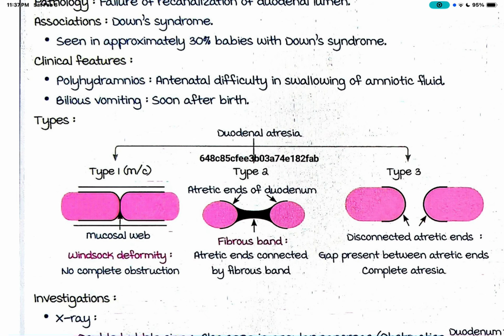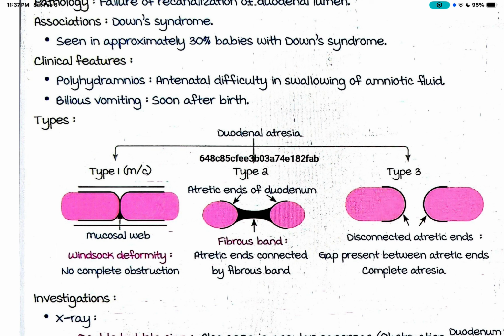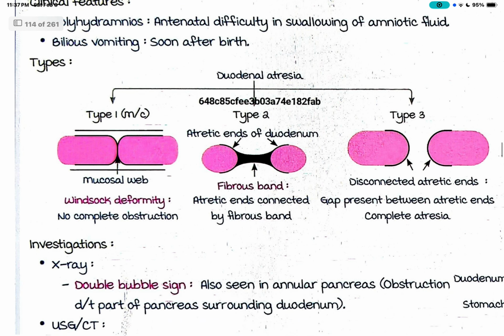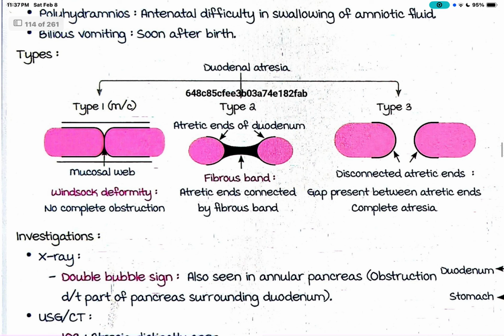Clinical features. Polyhydramnios, due to antenatal difficulty in swallowing of amniotic fluid, and bilious vomiting soon after birth. Types: type 1, type 2 and type 3. Type 1 is most common, where you have a mucosal web, a windsock deformity, with no complete obstruction.